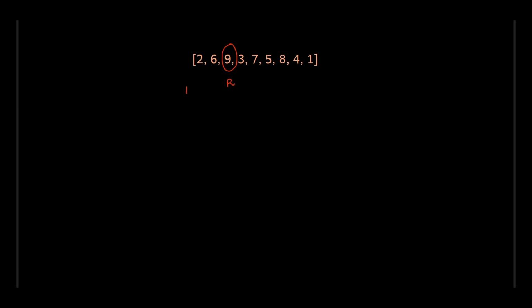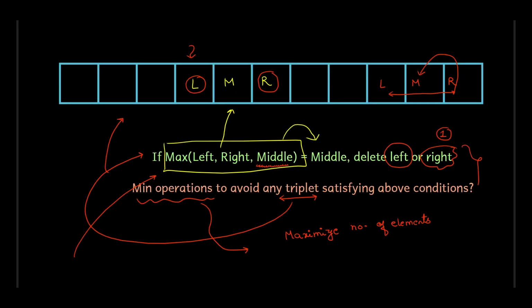So the left element must come from the left side and the middle element must come from the left side. Then you can see that no matter what, the maximum of this entire triplet will never fall on the middle element. It will always fall on the right element, because 9 is the maximum element of the entire array. So this means that 9 can never be part of a triplet that satisfies this condition.